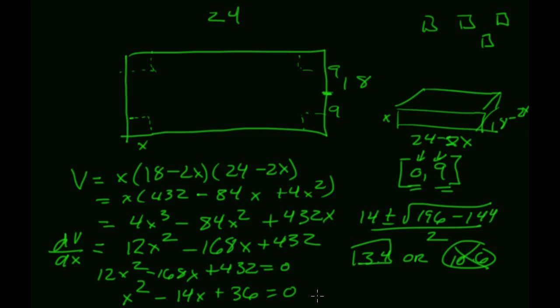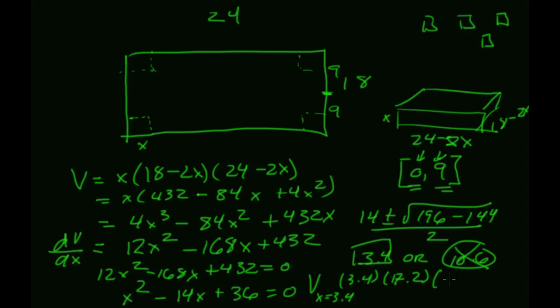Logic dictates that that's going to be the maximum, because these other two critical points are the minimum. It's clear that if x is 0, the volume is 0, and if x is 9, the volume is 0. The volume when x is 3.4 is 3.4 times (18 minus 2 times 3.4), which is 11.2, times (24 minus 2 times 3.4), which is 17.2.